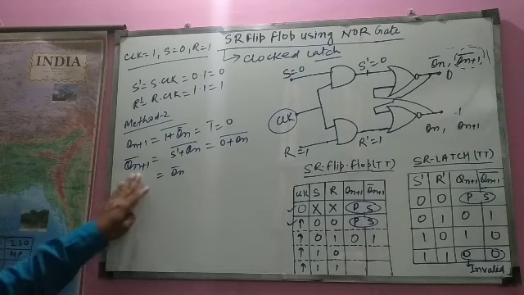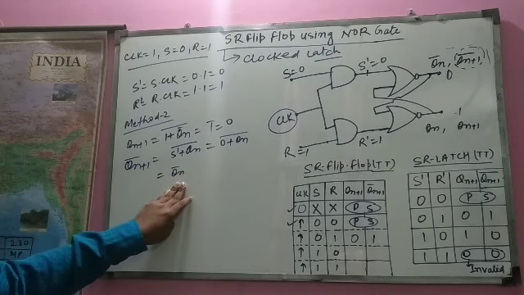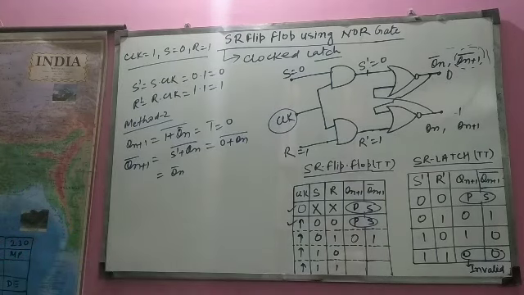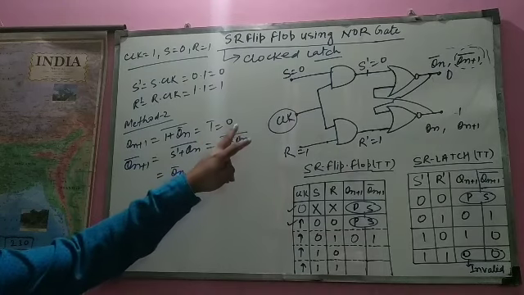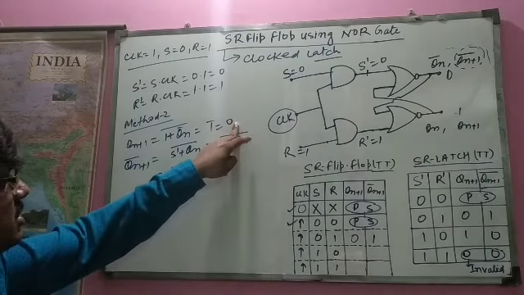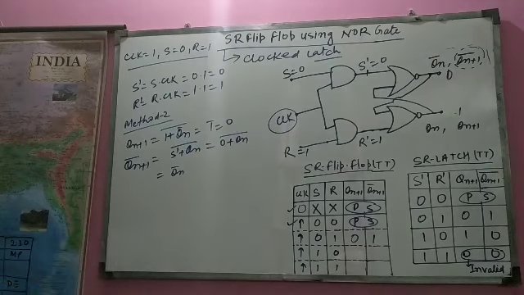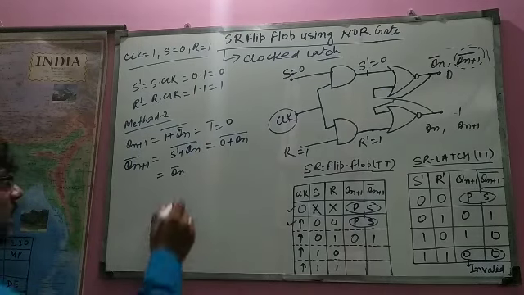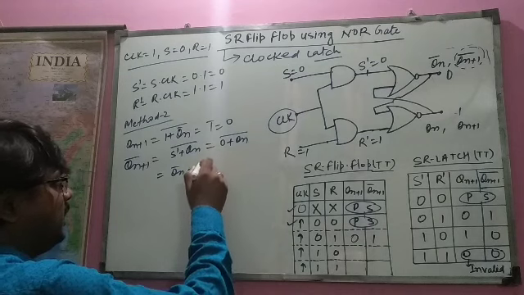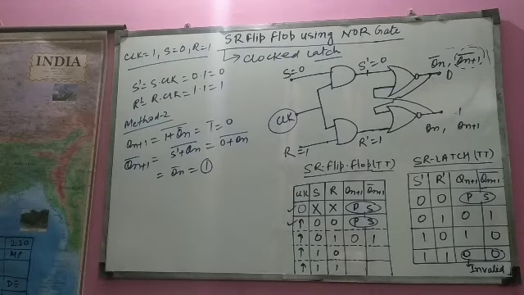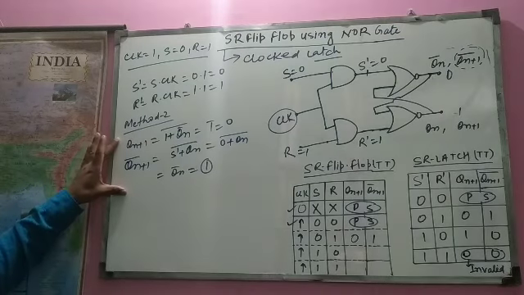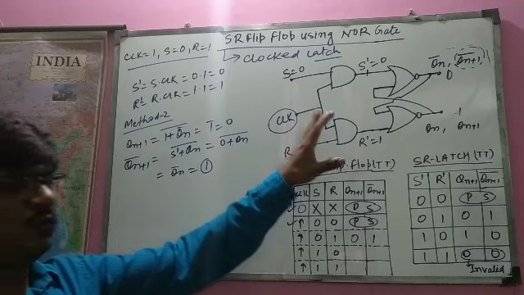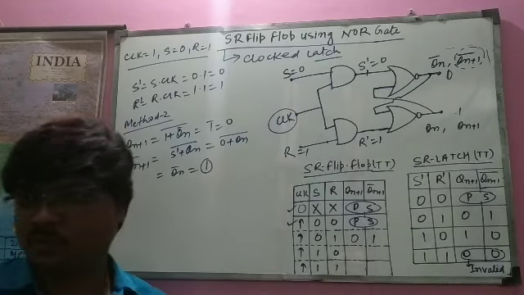So this Qn plus 1 bar will be Qn bar. But once we have got the value 0, then the other will automatically be 1. So this is the case. We can calculate by using this or by using this truth table.